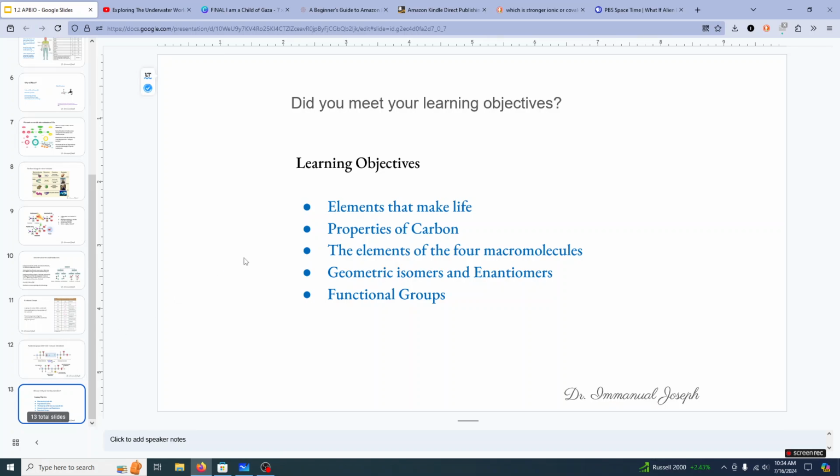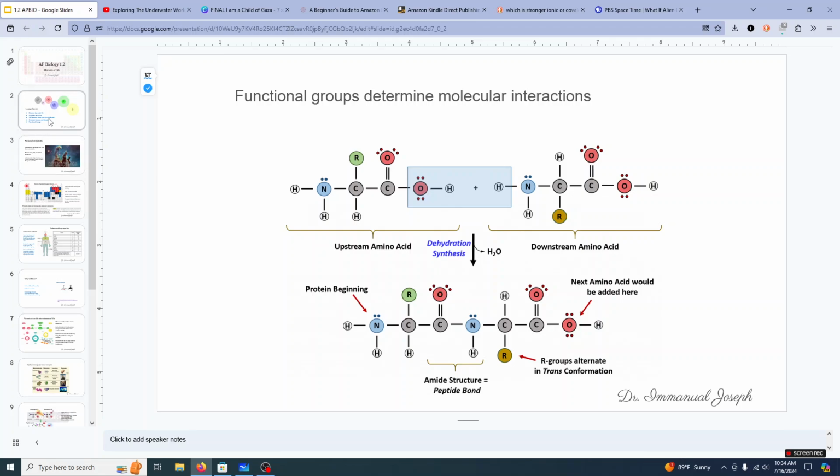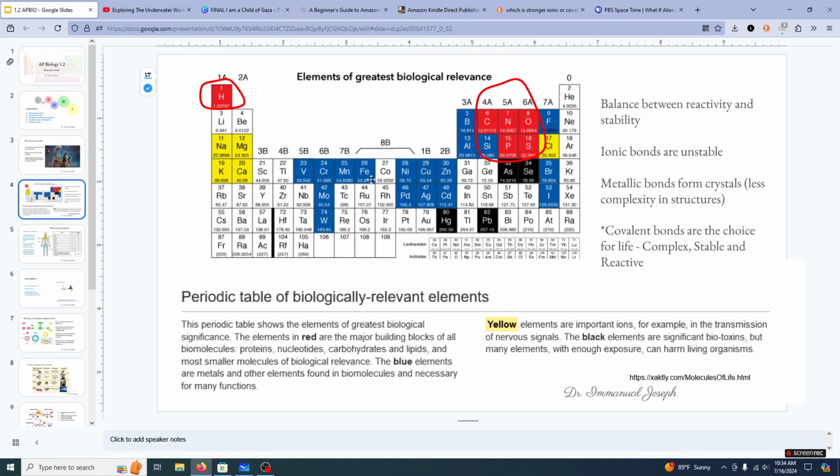So here are the things that we want to recap and remember. We need to remember why the balance between reactivity and stability and the ability to form complex structures in three-dimensional space makes carbon, oxygen, nitrogen, phosphorus, sulfur, and hydrogen the most suitable elements for life.